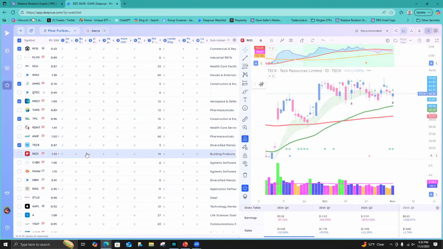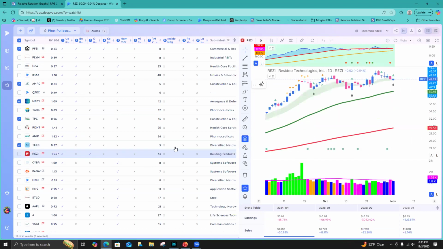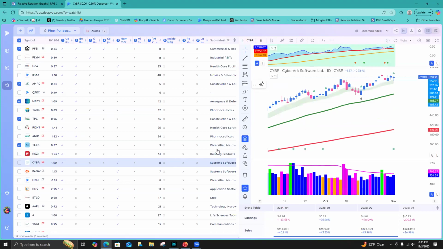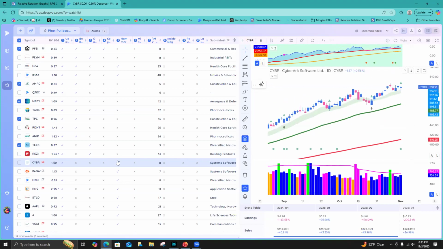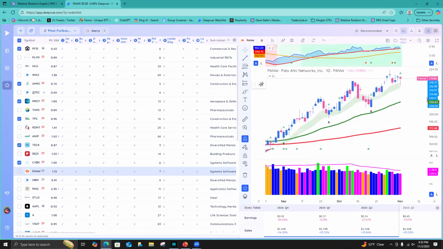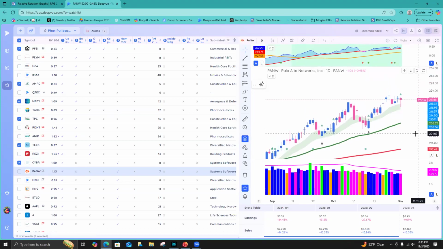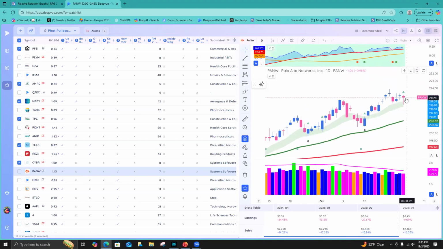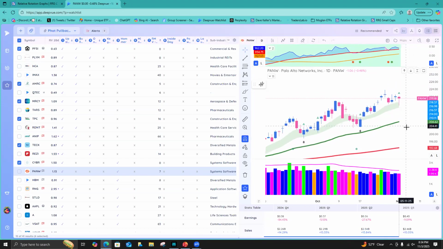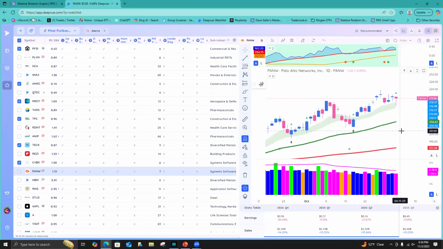Yeah. Resi, no. Cyber. Yeah, the way cyber's been holding up, cybersecurity and whatnot, so we'll put that one on there. PA&W, yes. It's a little bit extended, but relative strength line's good. I'm gonna hold off on that.